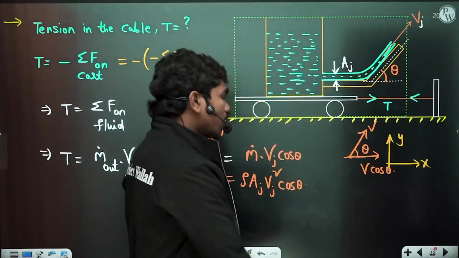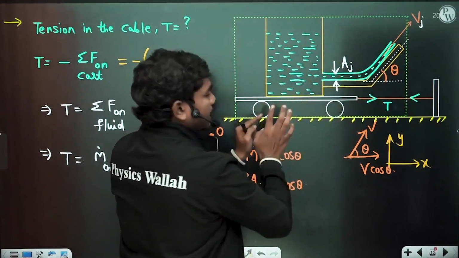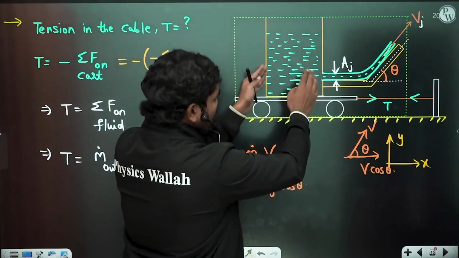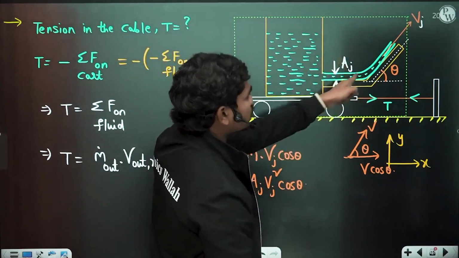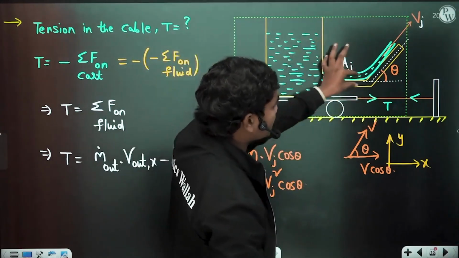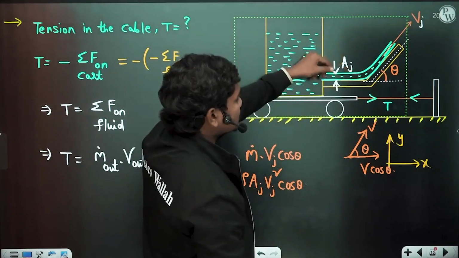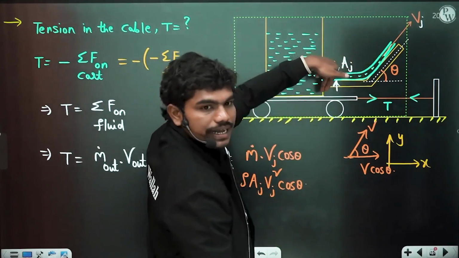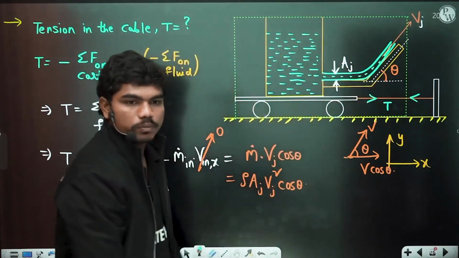Also this tank is mounted on this cart, so this tension is directly related to this fluid, so I cannot take only this particular part as the control volume. Because that just gives me the force acting on this vane in the direction. If I want the force acting on the cart, I have to take the complete volume. Correct?